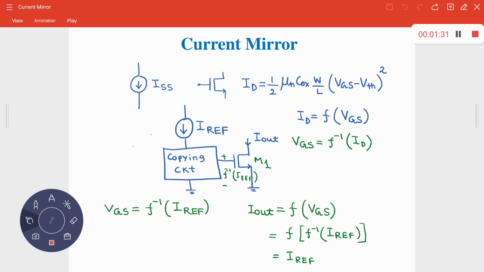That is the basic idea behind the current source. When I say it's a constant current source, for example ISS, that means over a duration of time this current remains almost constant. There is no change in the current.